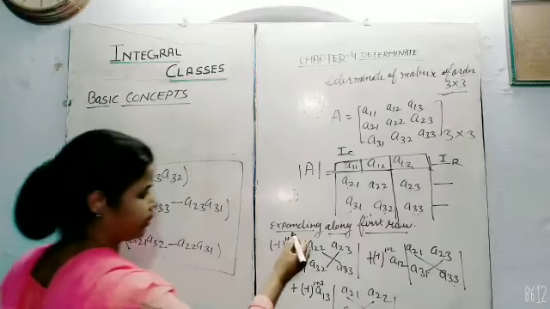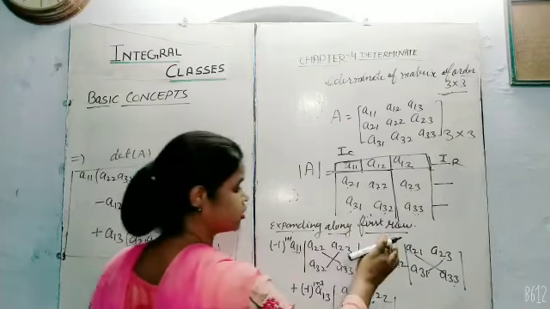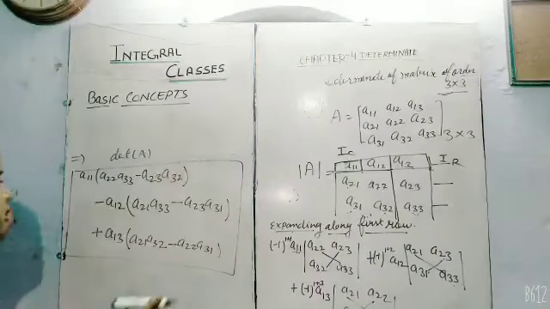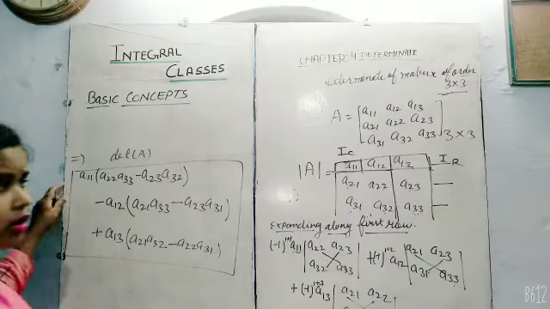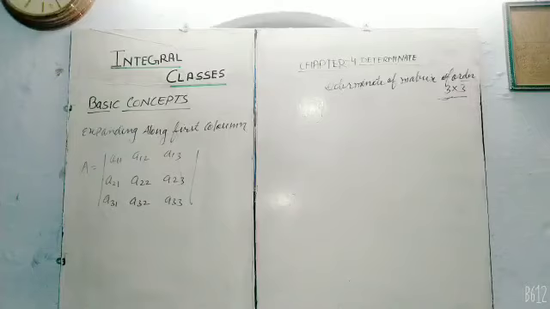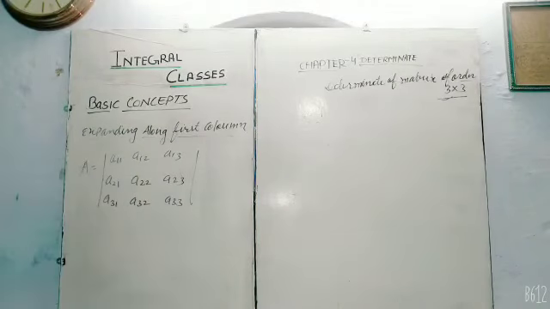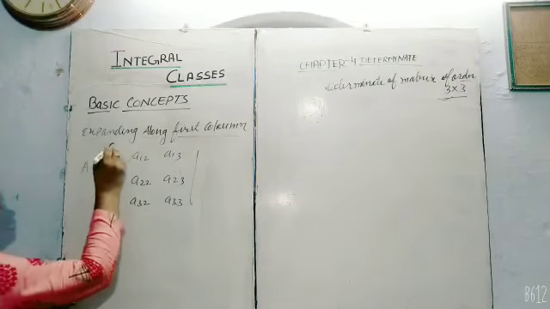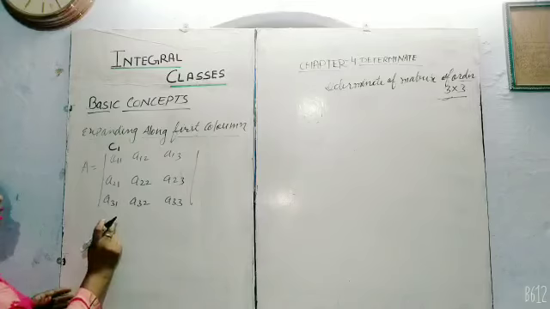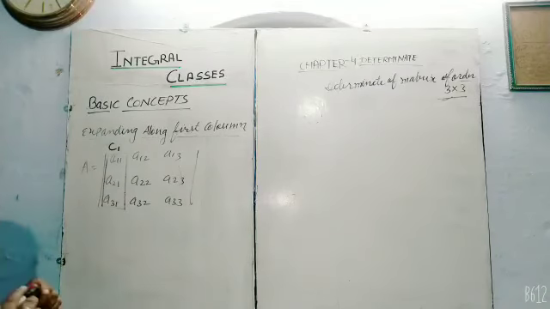And we expanded along the first row. Students, if we expand along the first column, then we will get the same answer. How? Let's see. Now expanding along the first column. First column is C1, so we will expand along this column. This column is common.